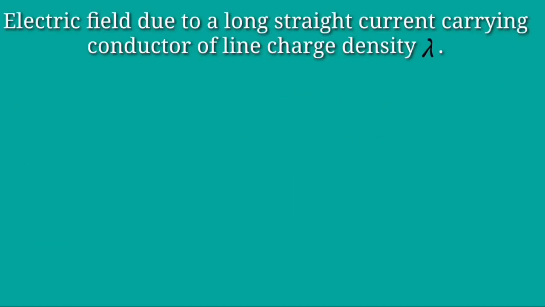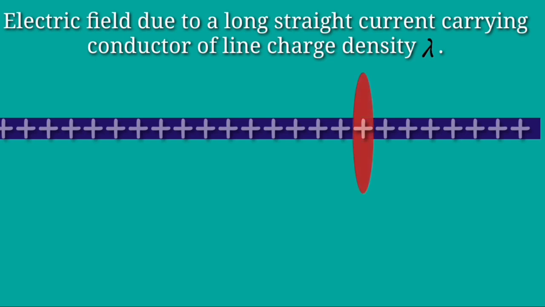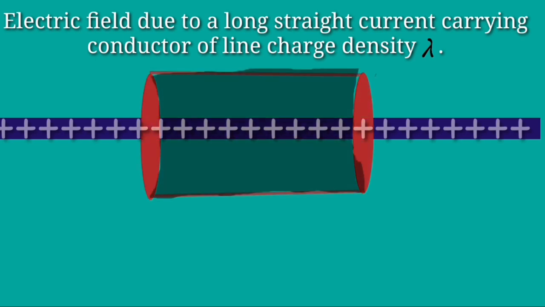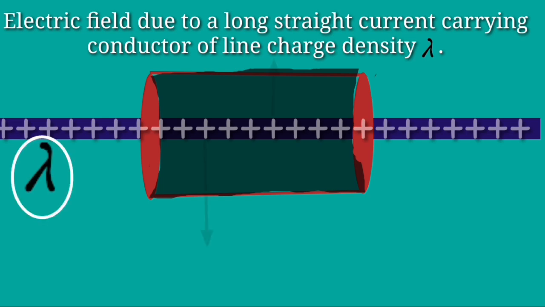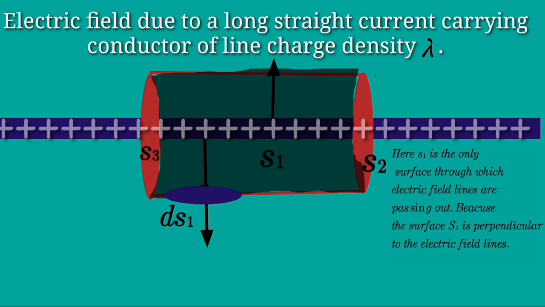Now we are going to derive the expression of electric field due to a long straight current carrying conductor of line charge density lambda. Consider a cylindrical Gaussian surface around the charged infinitely long wire. Three surfaces of the Gaussian surface are S1, S2 and S3.